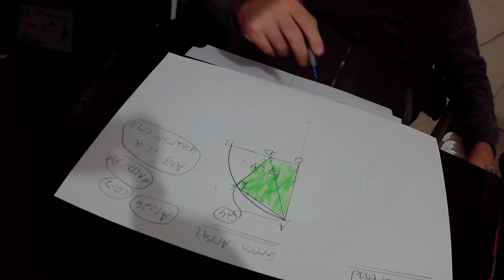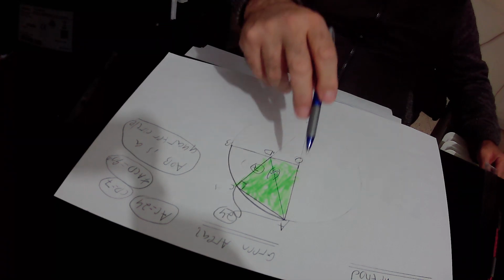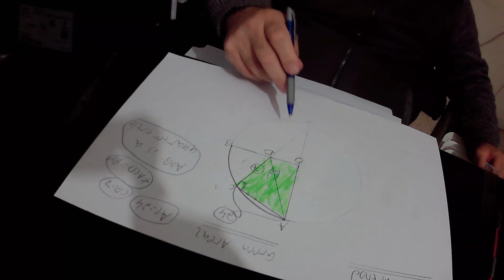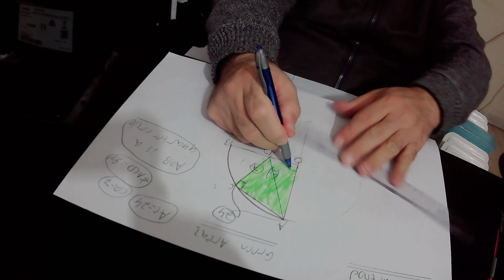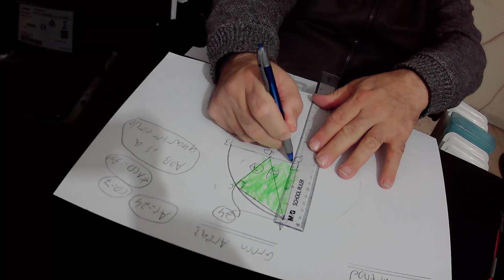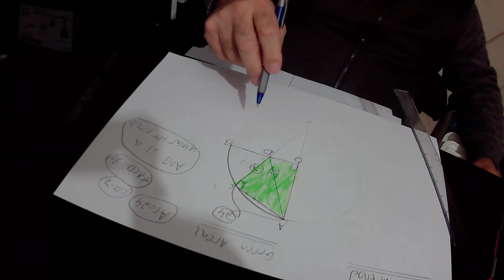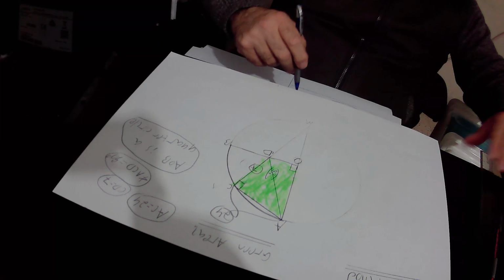We will complete the quarter circle to a circle. Because AOB is a quarter circle, angle AOB must be equal to 90 degrees, and point O must be the center of the circle that we will create by completing this quarter circle to a circle. Okay.